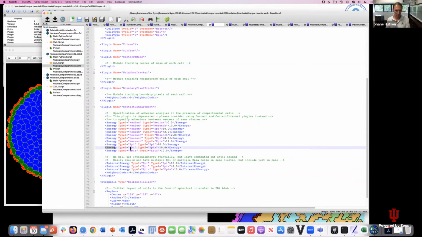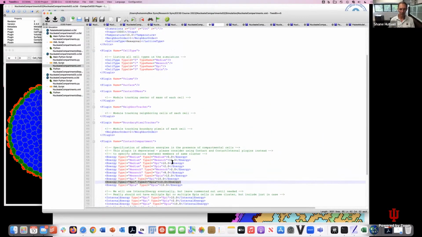Externally, epi-A is a cost of 10, right? And so this makes it so the most favorable alignment is to have an apical compartment attached to its own basal compartment, and then those side by side with apical and basal of the next cell, right? And those are the only differences that took place here in the XML.